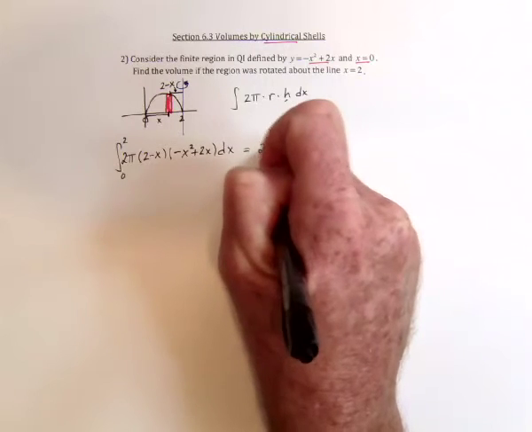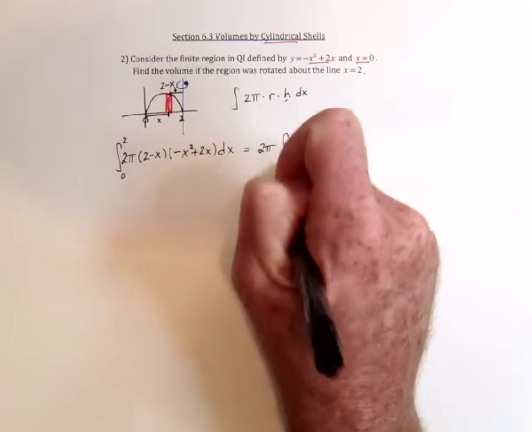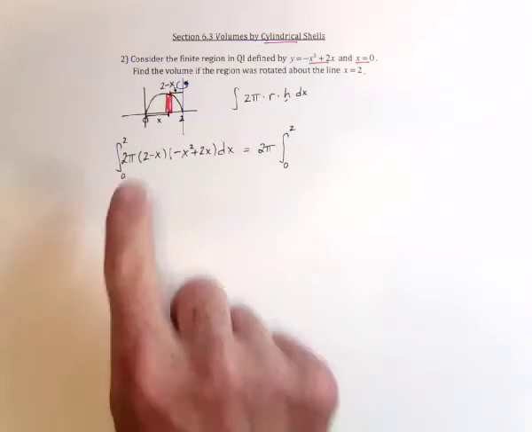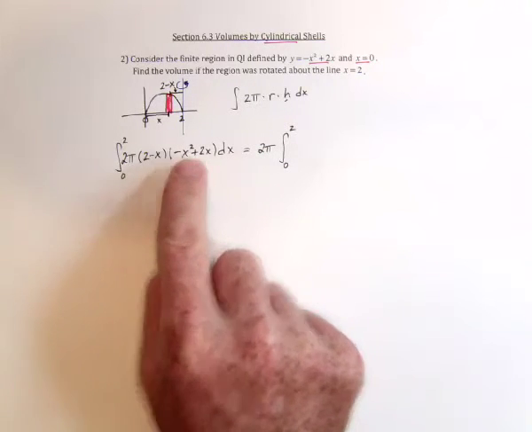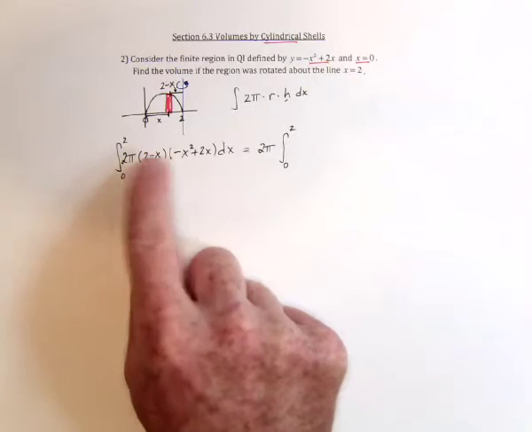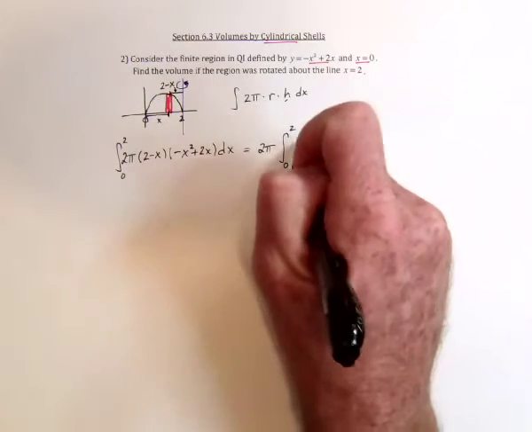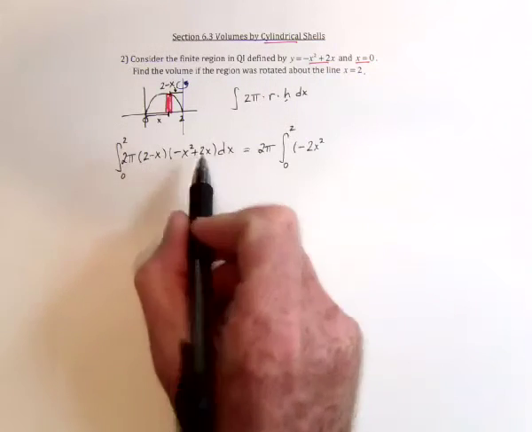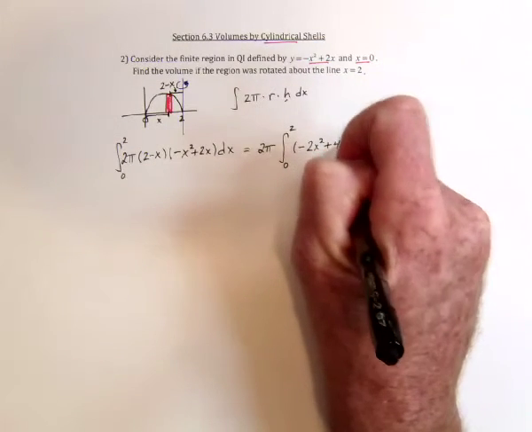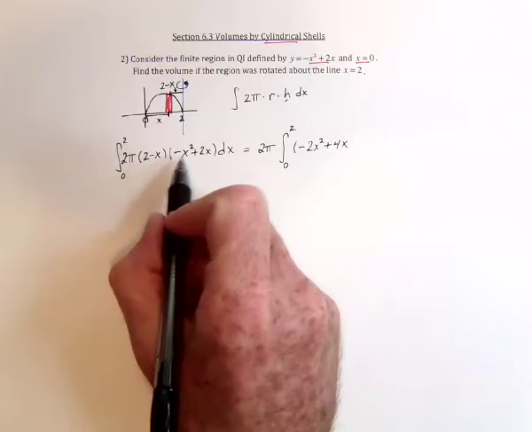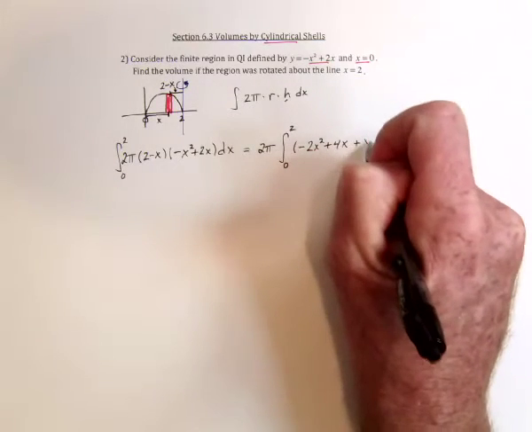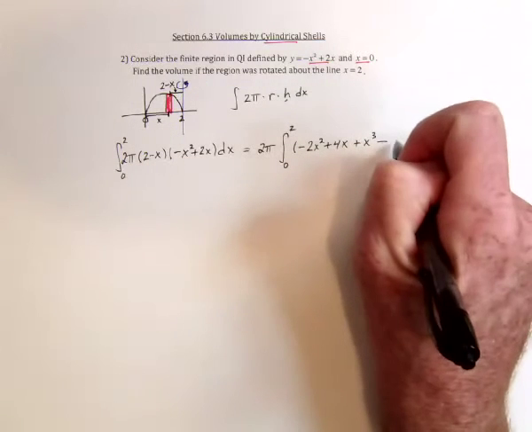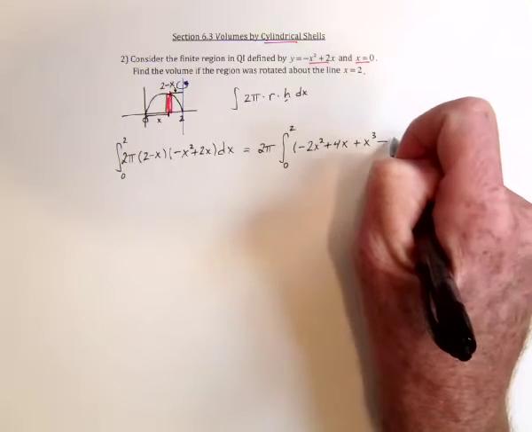So factor out the 2 pi, and then multiply this out. We'd have a 2 times negative x squared, which is negative 2x squared, and 2 times 2x is positive 4x. This times this would be positive x cubed, and then the last one times the last one is negative 2x squared.